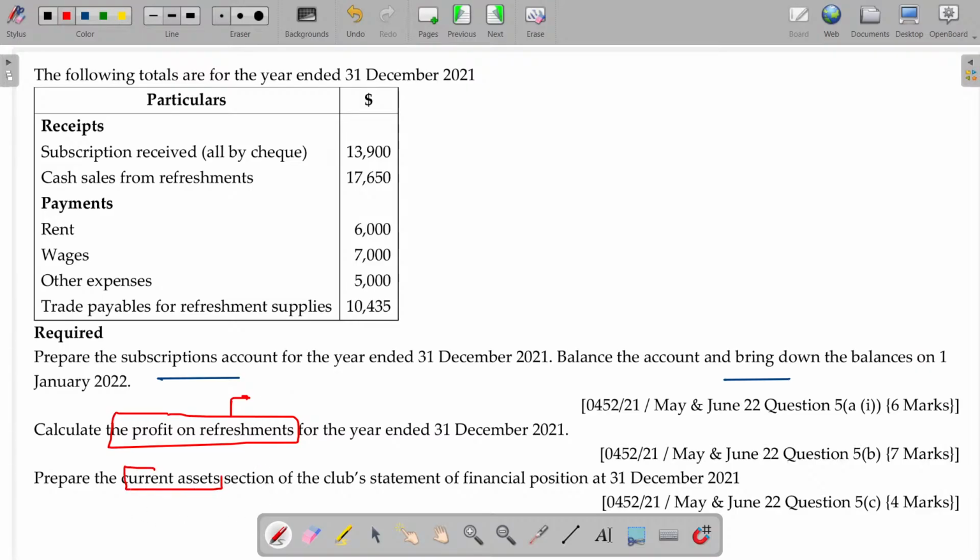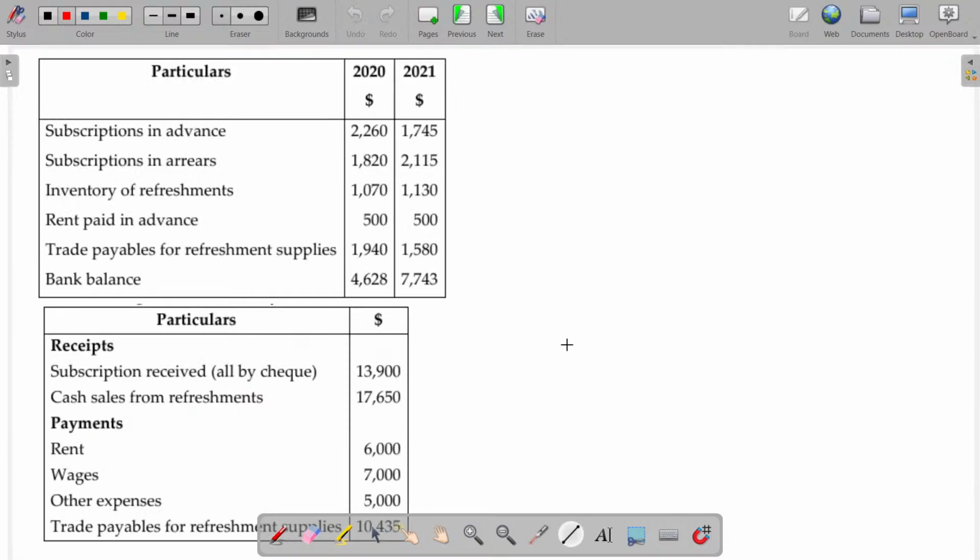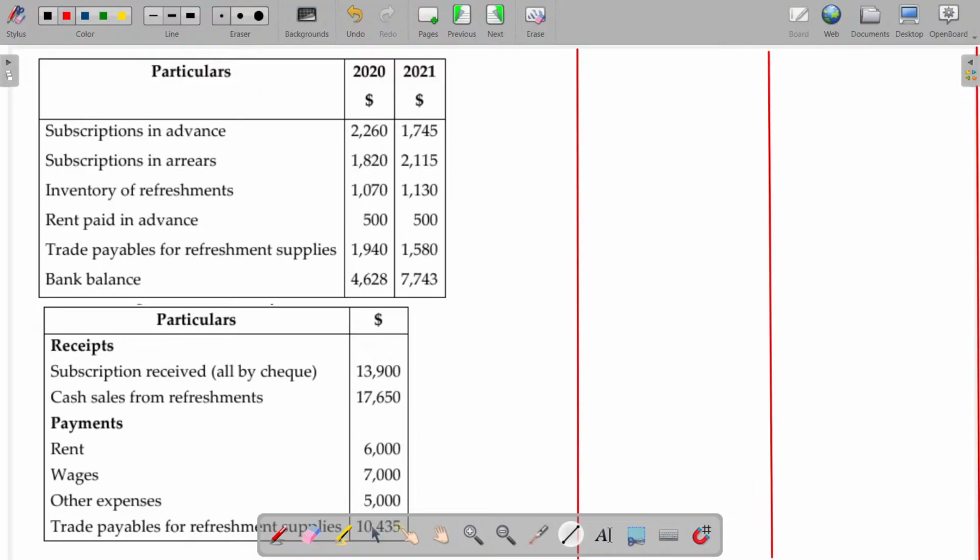And you have to prepare the current asset section of the club's statement of financial position, so that also you may be aware of. We'll finish up just like that. We'll start here.